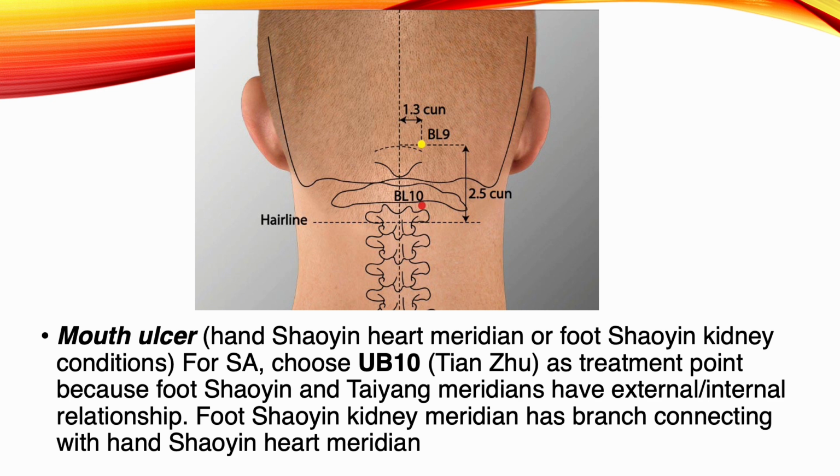For scalp acupuncture, choose the foot Taiyang bladder meridian, urinary bladder 10 as the treatment point because the foot Shaoyin and Taiyang meridians have an external-internal relationship. The foot Shaoyin kidney meridian also has a branch connecting with the hand Shaoyin heart meridian.